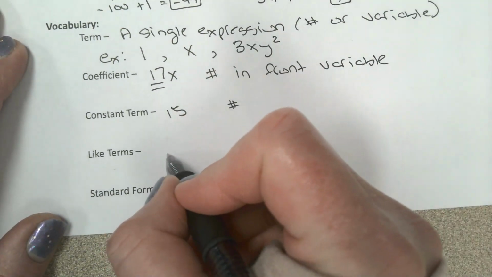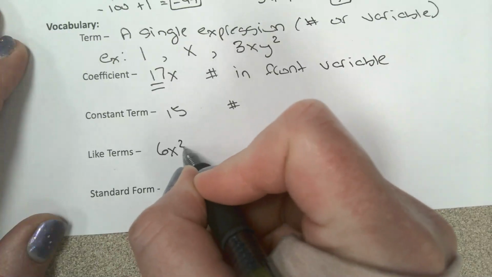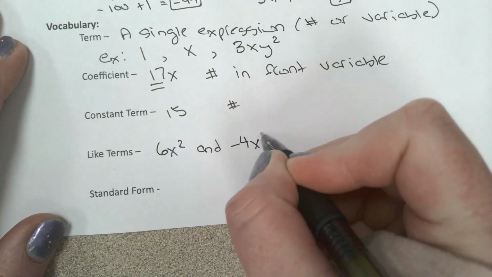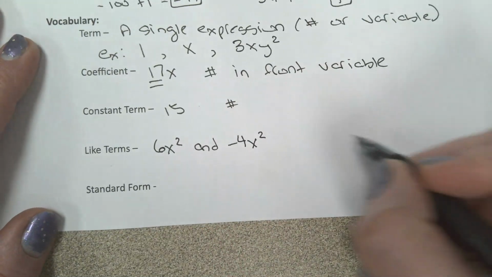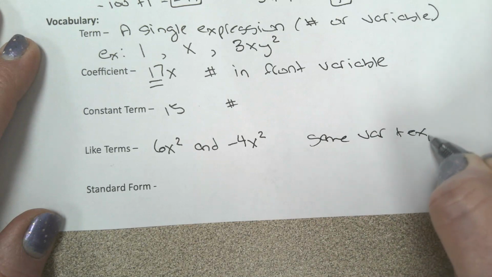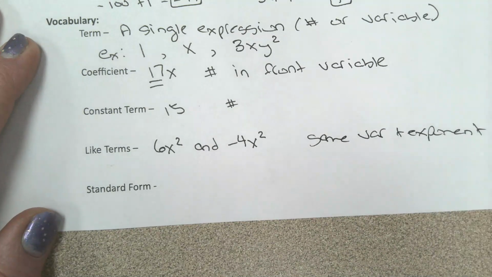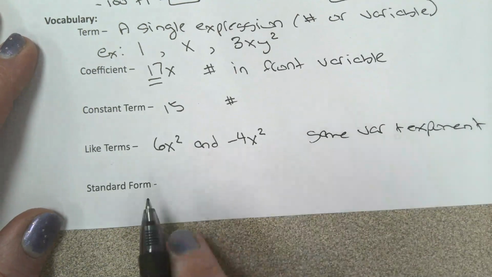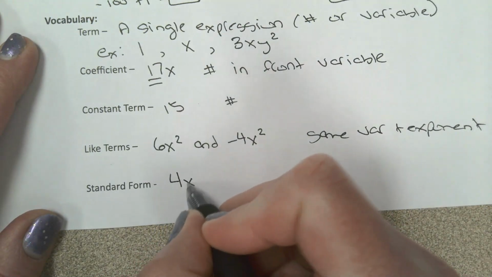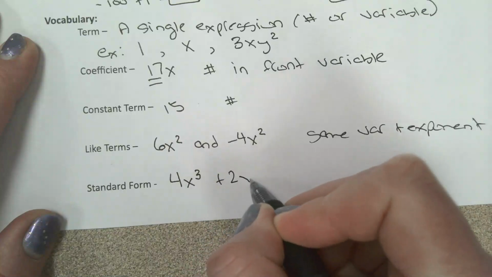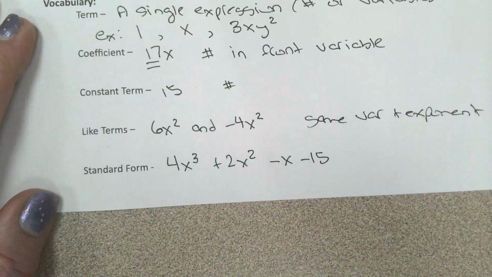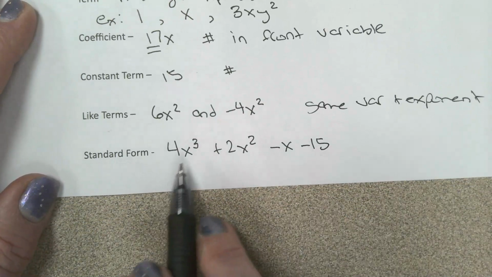Like terms would be 6x squared and -4x squared. They have the same variable and exponent. In standard form, 4x cubed plus 2x squared minus x minus 15 is an example of something in standard form.